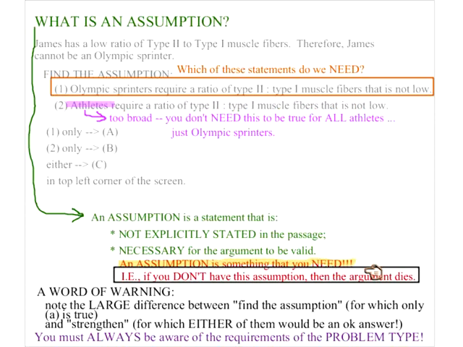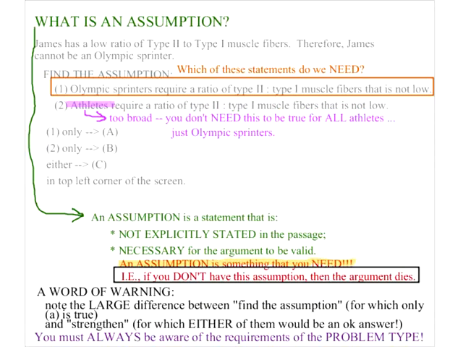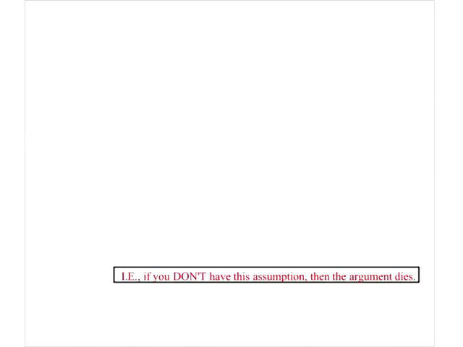Let's think about that for a second. Assumptions are necessary, which means if the assumption is not true, then the argument cannot hold up. So let's take this fact and bring it over to another screen and see what we can do with it.